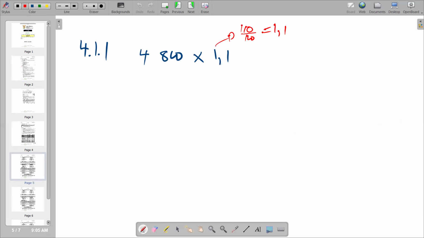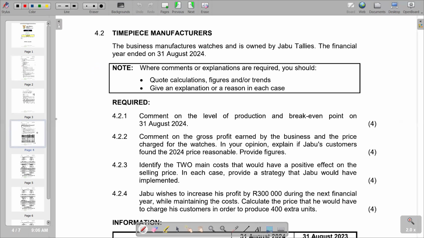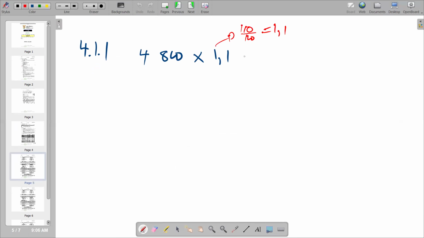Then if you multiply by 1.1, then you multiply by the 125 rands per packet that we are given, so that we can get the amount. We also know that we have 1.4 packets inside each unit. So we are also going to multiply here by 1.4, then you multiply by 125.